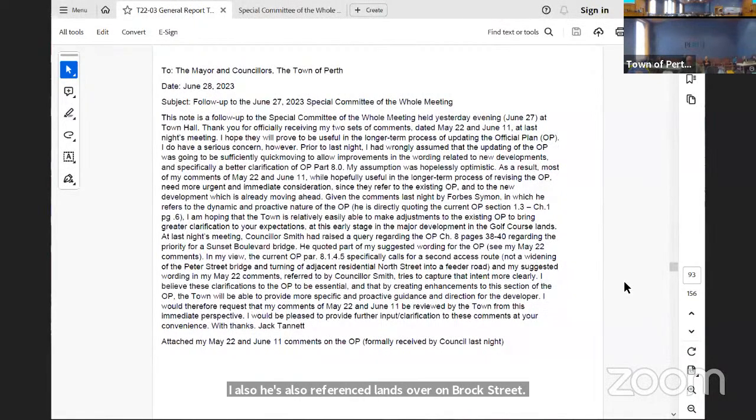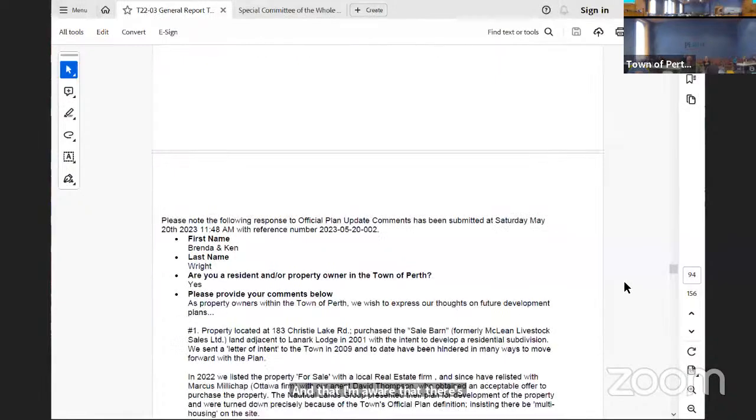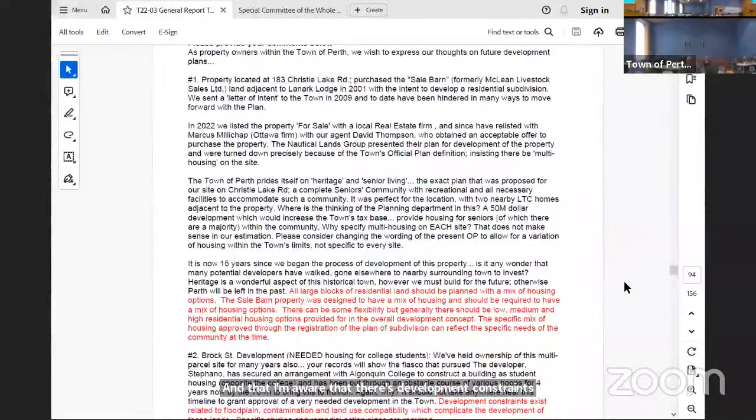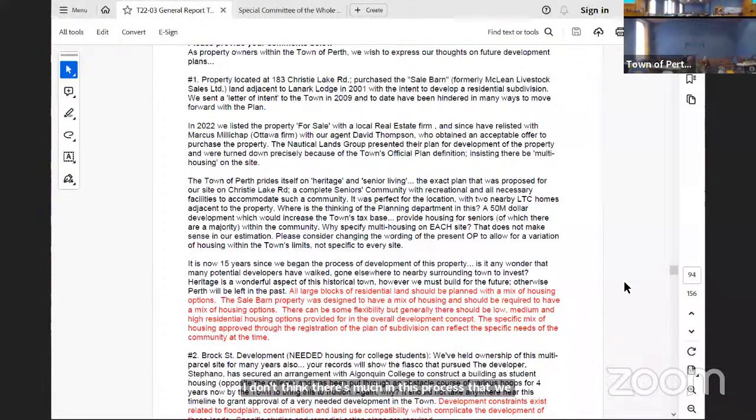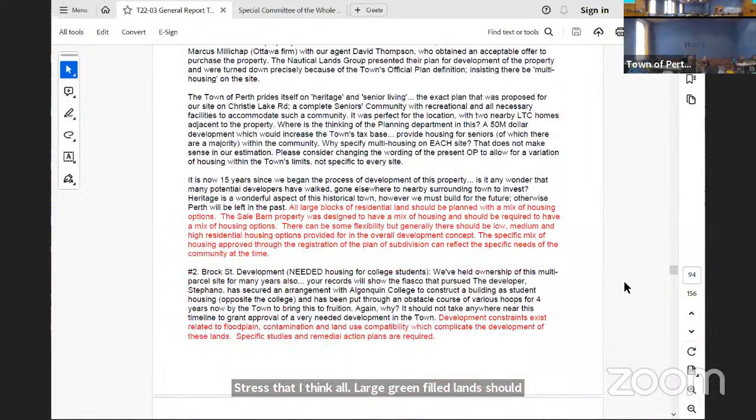I'm aware that there's development constraints and that it's close to industry and they need to do the studies and the plans and work through the planning approval process. I don't think there's much in this process that we can help them out with, but I do want to stress that I think all large greenfield lands should have a mix. And then it's up to council when you're presented individual development proposals to manage that and deal with the site specific.